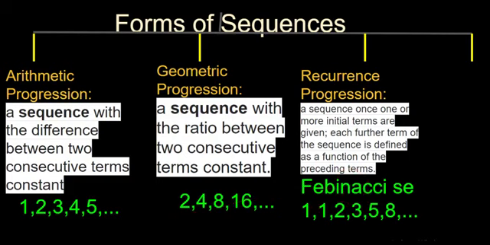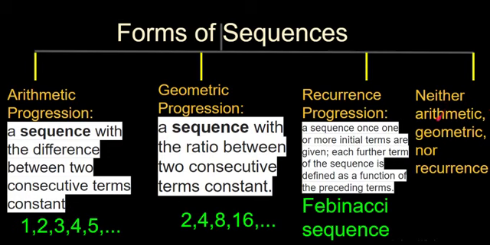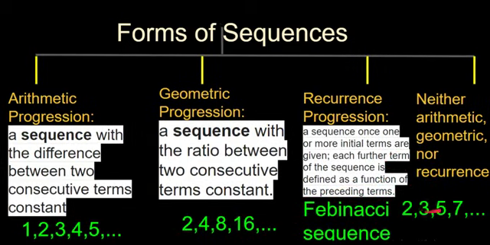The other one is neither arithmetic, nor geometric, nor recurrence. Let's see one example here: the prime numbers. It is not arithmetic, because look at this one. Even though the difference here is 2, and here is 2, in this case the difference is 1.